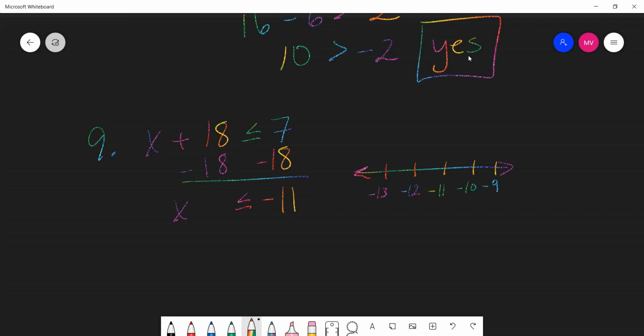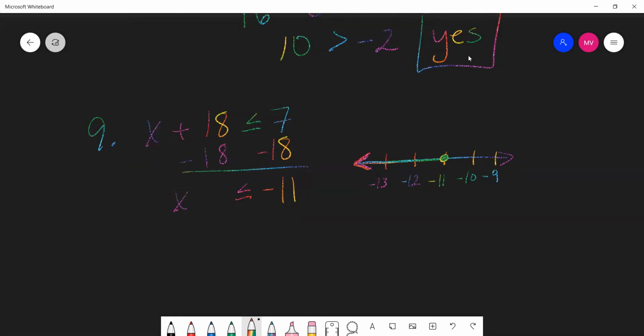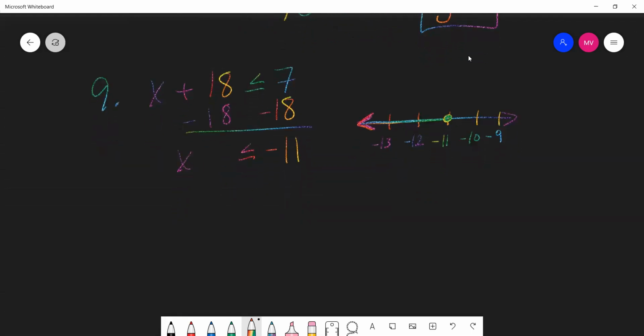All right. So we put the little dot at -11 and it's closed, and it is going to the left. Yes, so it's a closed dot because -11 is included as a solution. To the left, to the left.